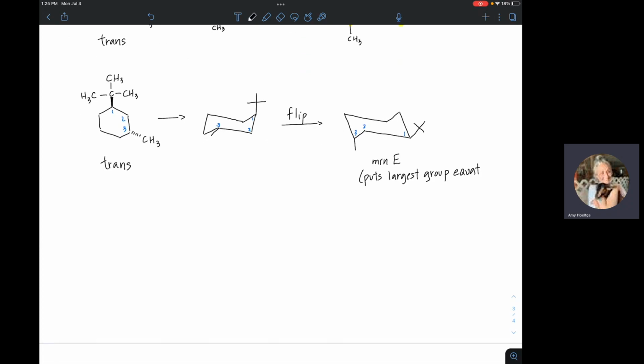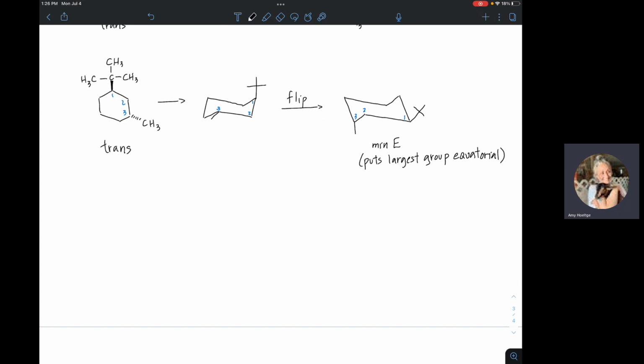It still puts the T-butyl group above the ring, because there's a wedge there, but it puts it in the equatorial position instead of the axial position. If you had two T-butyl groups there and we had both of them, say you had something that was cis, I can draw out a situation where they're both pointing in the same direction.